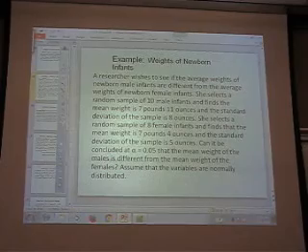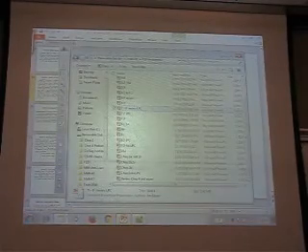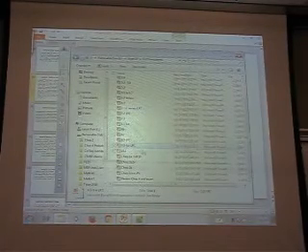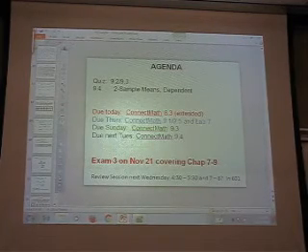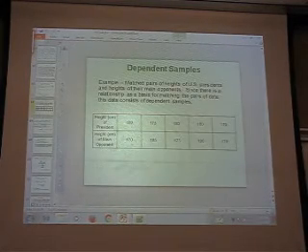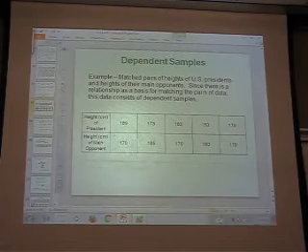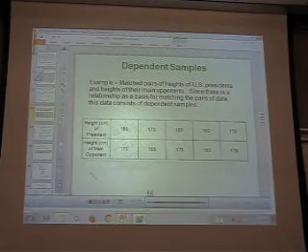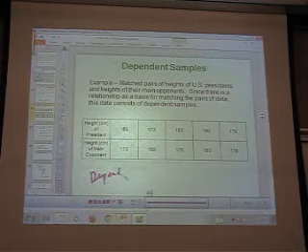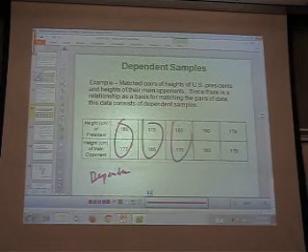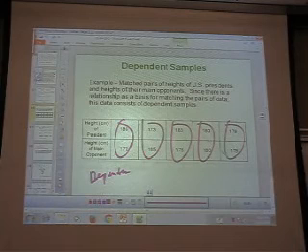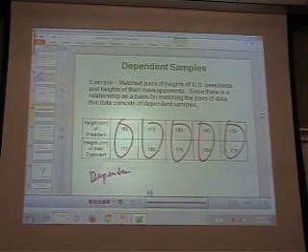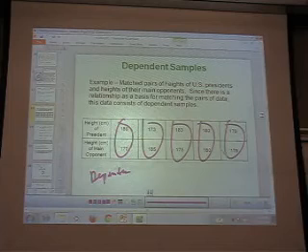For it to be dependent, it's X bar minus mu over s over root n, it literally has to look like this, guys. So this is dependent. Do you see where they're all matched up? I have to give you all of them because how do you subtract each pair if I don't give you the pairs to subtract?